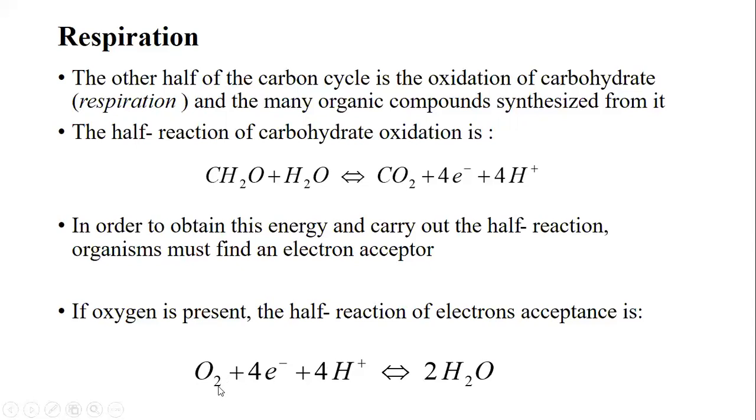So this is the equation: O2 plus 4 electrons plus 4 hydrogen gives you 2 H2O. So the electron acceptor in this case is oxygen, changing from the gaseous 0 valence form to the ion form in water carrying two negative charges.